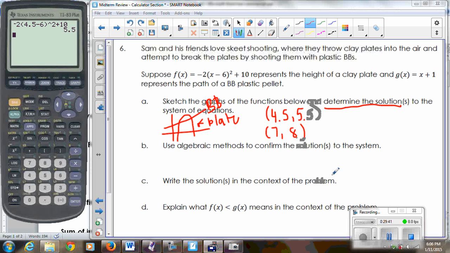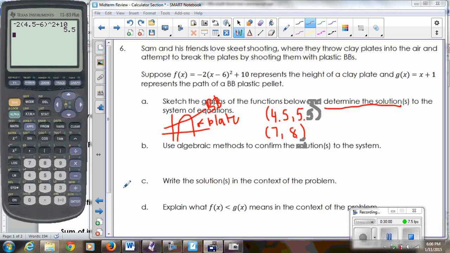And then it says to write the solutions in the context of the problem. What I'm guessing, because this problem doesn't really talk about the values of x and y and what they represent, is that they're going to be the horizontal and vertical distance from the two boys that are throwing these plates and playing with the BBs.